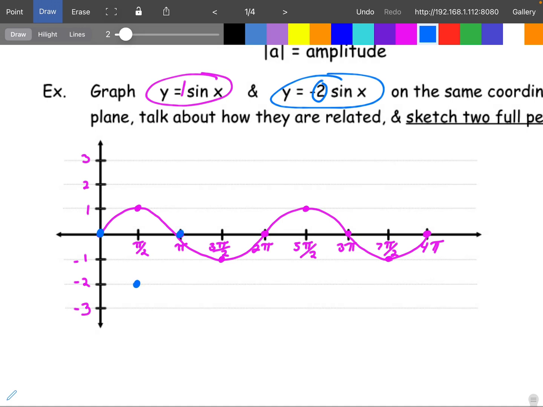Then it's going to go back to 0, because if you take 0 and stretch it, it's still 0. Then instead of going to -1, it's going to go up to 2, then back to 0. Then instead of +1, it's going to be -2, back to 0. Then instead of -1, it's going to be +2, and then back to 0. And so we connect those, make them as smooth and curved as you can.